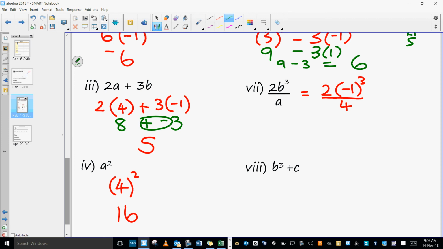Negative 1 cubed. What does that mean? How do we put that into our calculator? I'll show you. Cubed means it's going to be multiplied by itself 3 times.